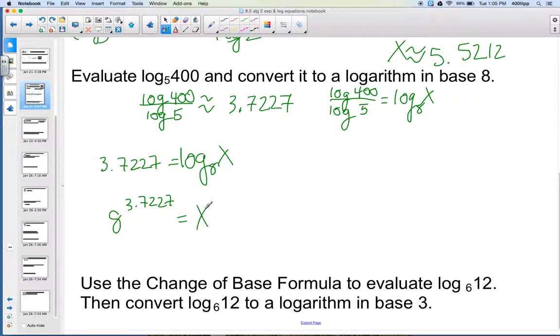So I'm going to go 8 to that power, and if you don't clear it out of your calculator, it'll make it more accurate. So this is about 2301.1171. And that's how we use the change of base formula to get the answer and change to whatever base we need.